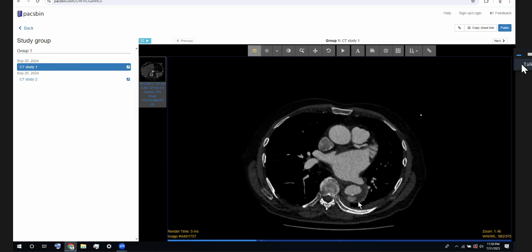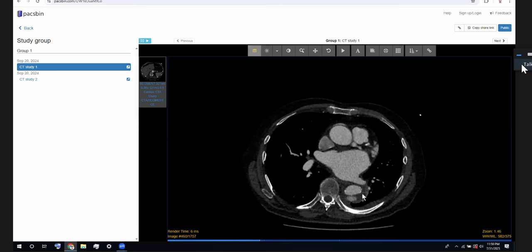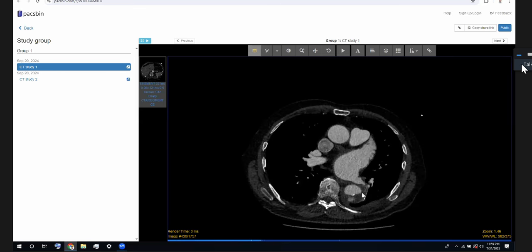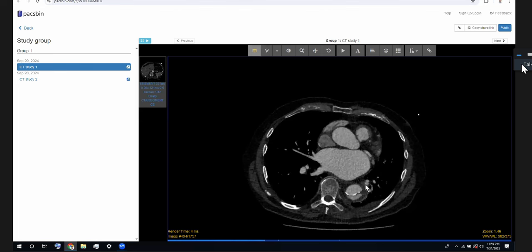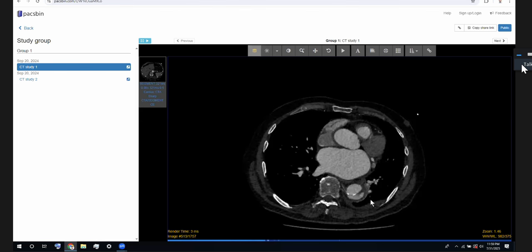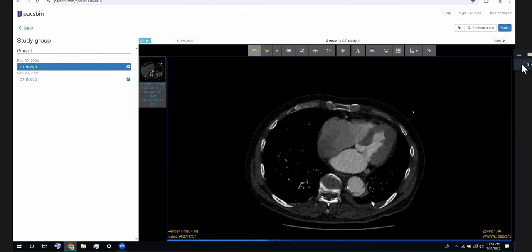Keep going down. Also, there is a communication of this contrast through the intima and it is extending. So this is in keeping with an intramural ulcer and intramural hematoma. I can see there is now an intimal flap as well.